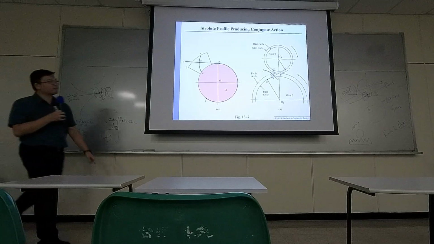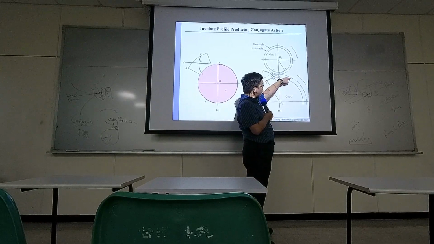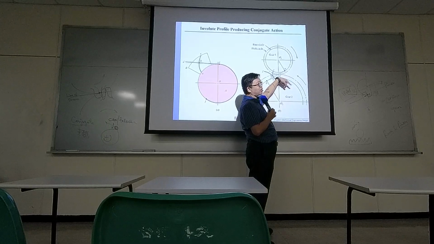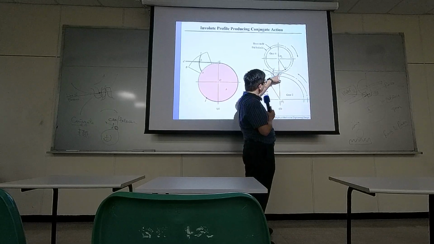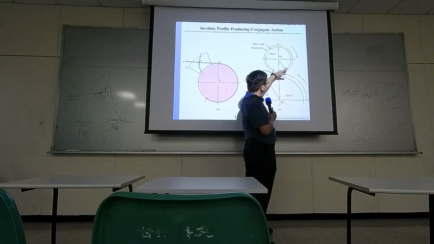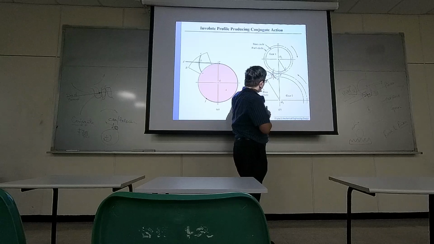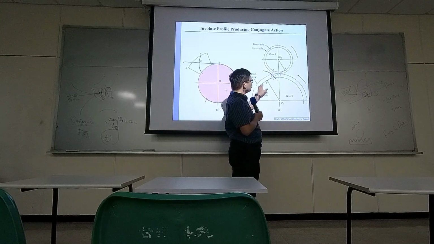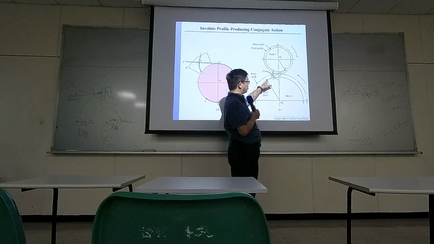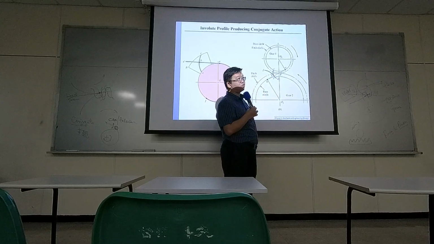When you have this bigger diameter, this is the pitch circle, which is contacting with the pitch circle on the other side. And then you define what will be the line of pressure. Once you have that, there will be a tangent circle that is tangent to the line of pressure. That tangent circle is called the base circle.